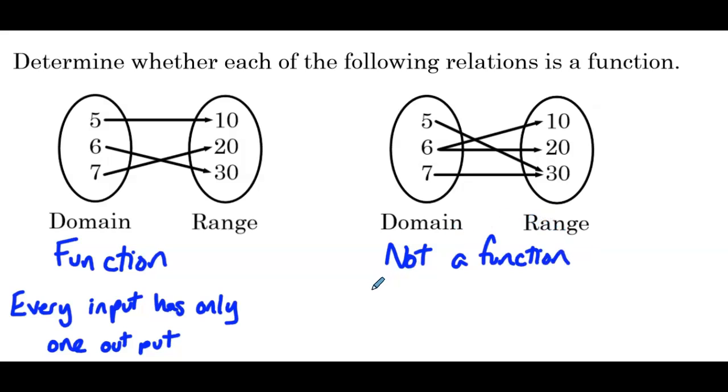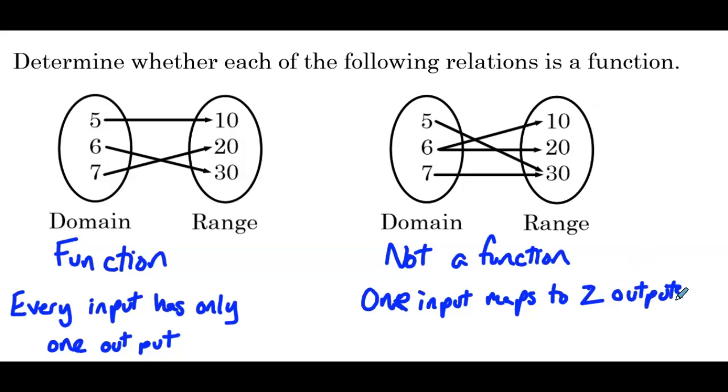And our reasoning is one input maps to 2 outputs. So the issue here is 6. We have 2 outputs for the input of 6.